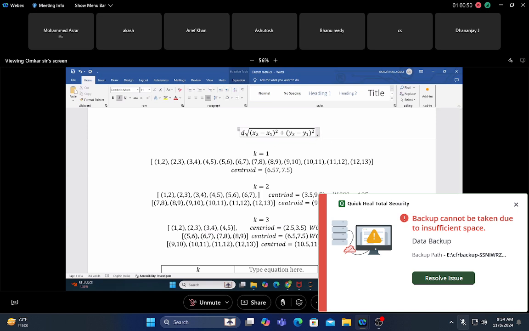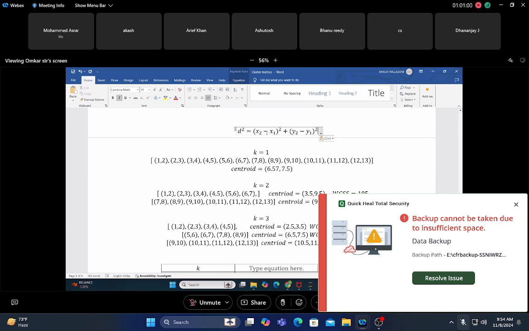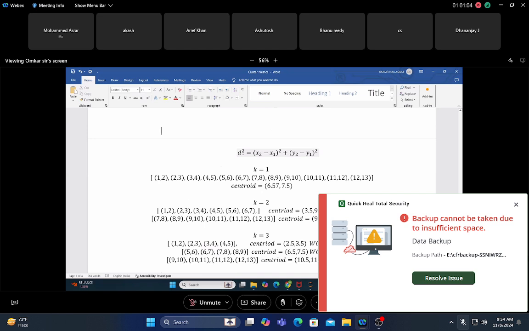Distance square only they are doing. Only distance square means no root. No need to root. Only distance square, of each point with the centroid.